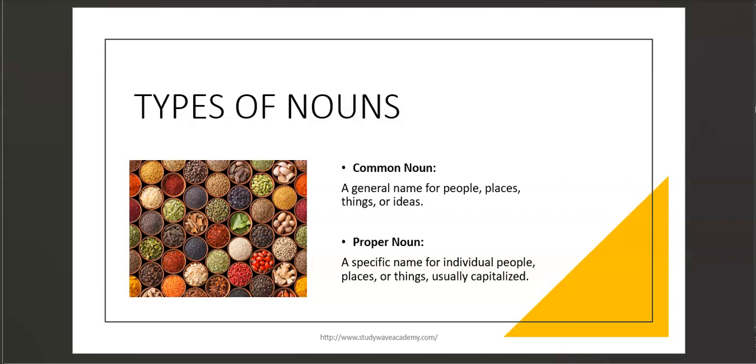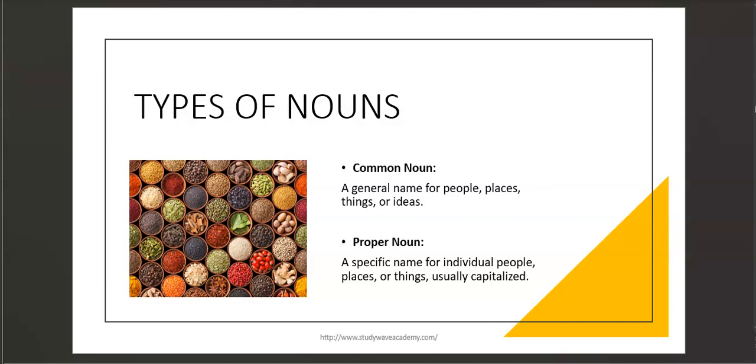The types of nouns, the different categories. I have looked at this, but just in an overview manner. Right now I want us to dig deep and look at these types of nouns. The first type is common nouns. I talked about common nouns being general names for people, places, things, or ideas, like mothers, girls, countries, boys, colors.